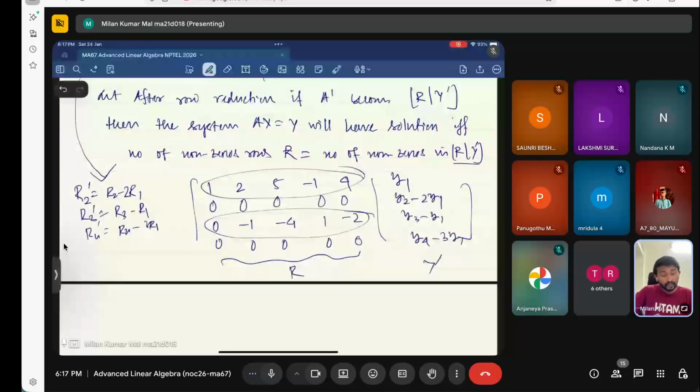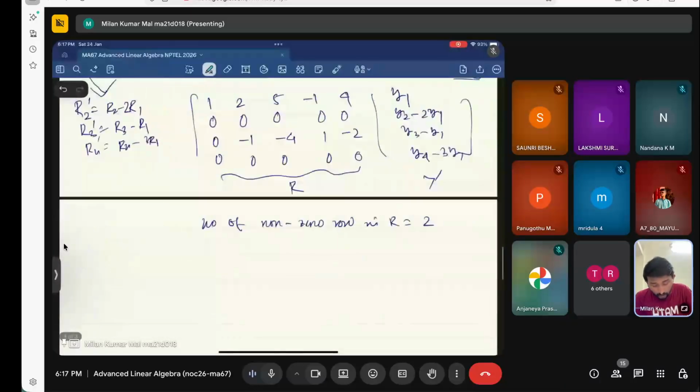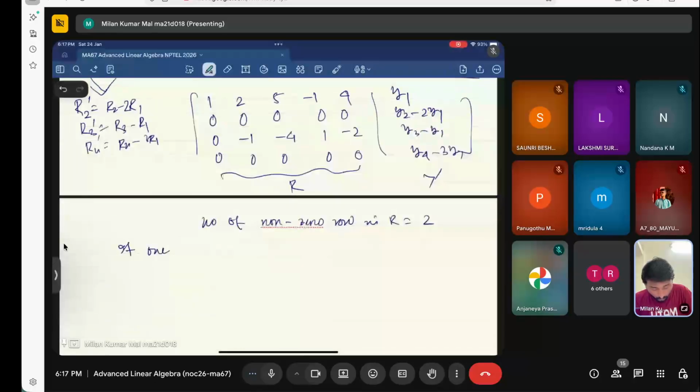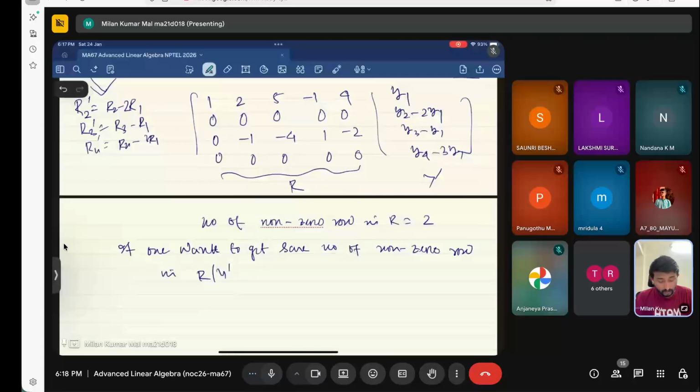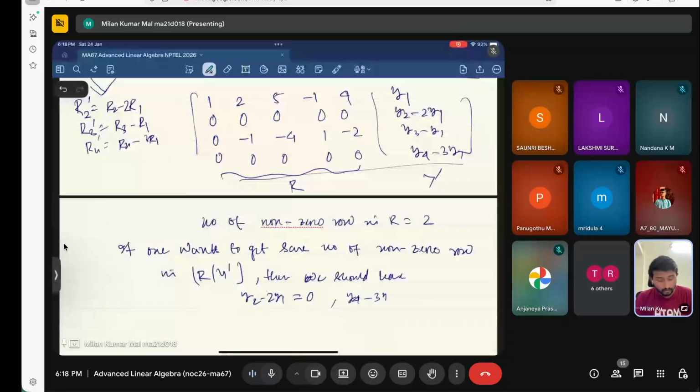So the number of non-zero rows in R is actually 2. And if one wants to get the same number of non-zero rows in R mod y dash, then we should have y2 minus 2y1 equal to 0, and y4 minus 3y1 equal to 0. So this combined will give that 2.